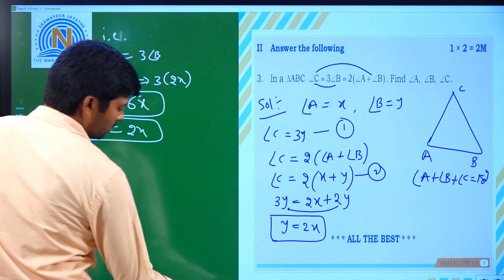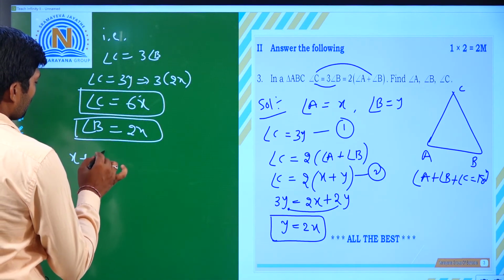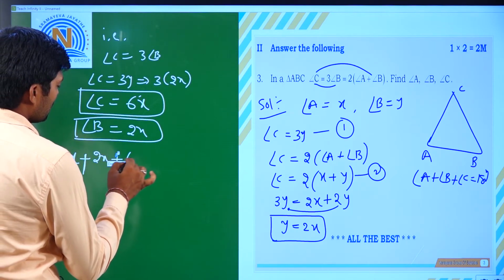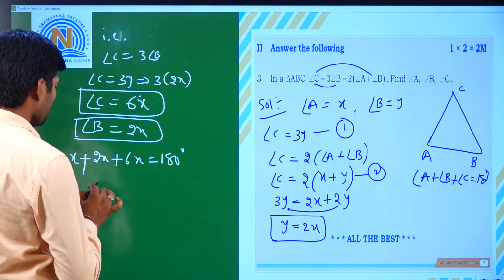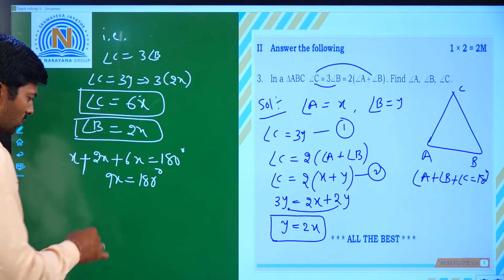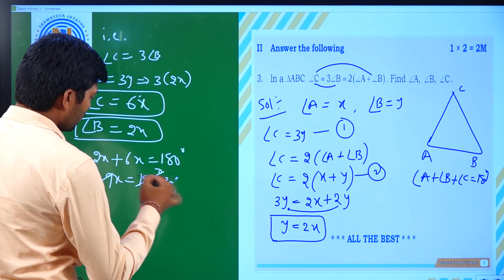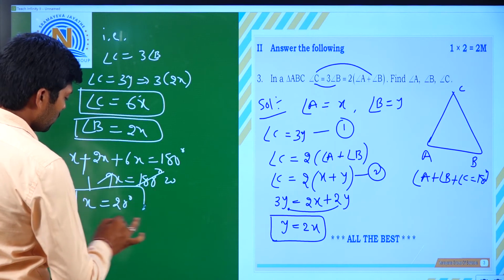That is, angle A is x, plus B is 2x, plus 6x is equal to 180 degrees. So what about the addition of this? 9x is equal to 180 degrees. So x is equal to 20 degrees.